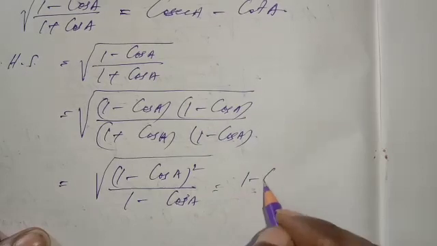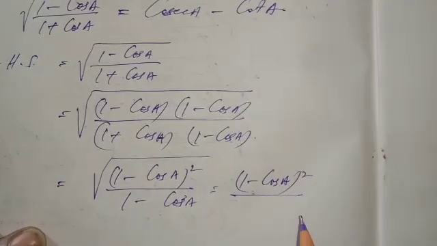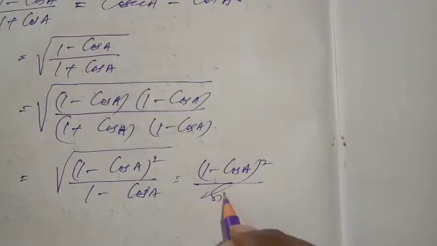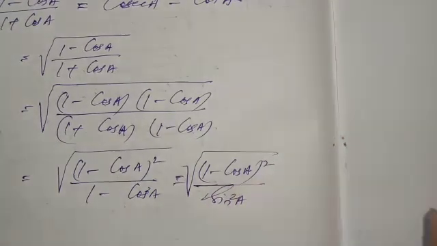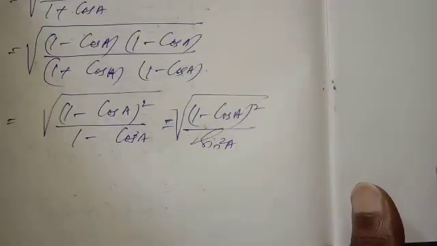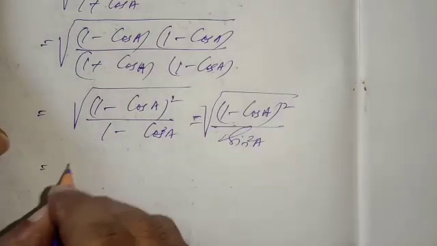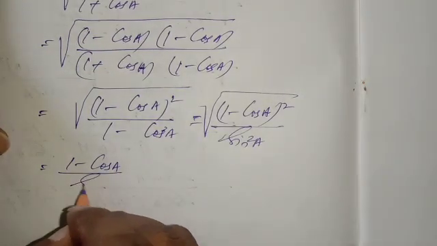Now write 1 minus cos a whole square. 1 minus cos square means sin square, root over. As there is whole square and root over, this will be 1 minus cos a by sin a.